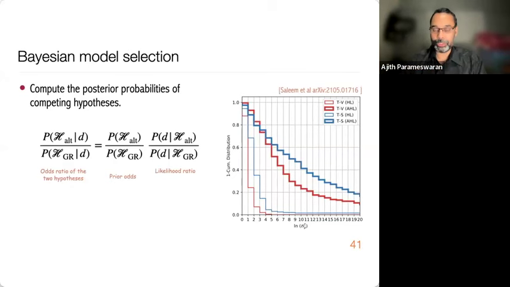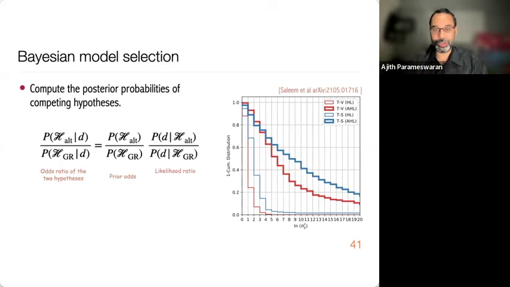That would change the polarization of gravitational waves, and one could potentially measure it using a network of interferometers. And this shows how one could compute this likelihood ratio, the Bayes factor between the two hypotheses, an alternative hypothesis and the GR hypothesis, and how one could distinguish.